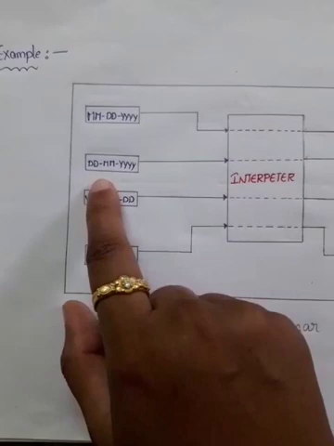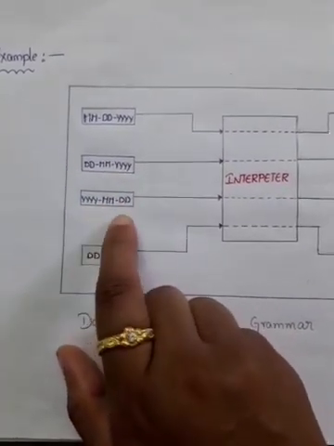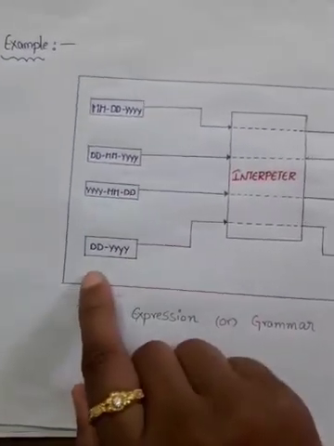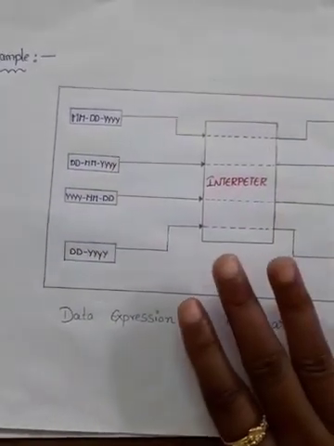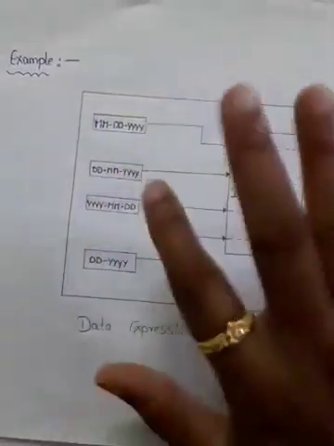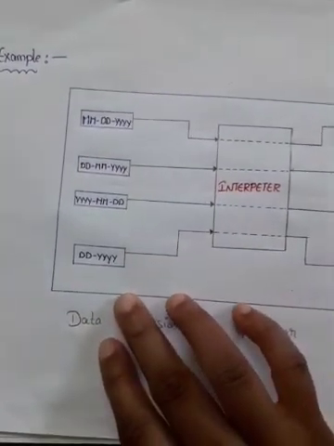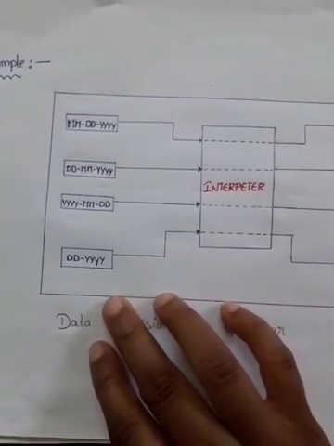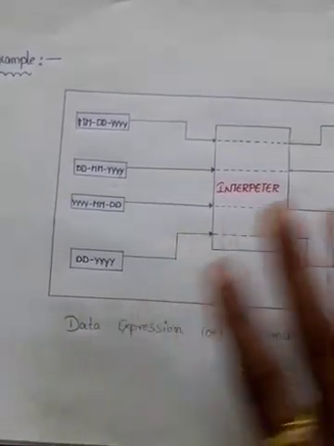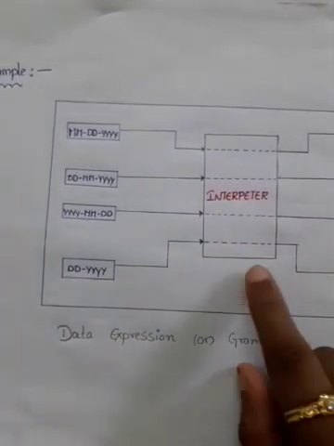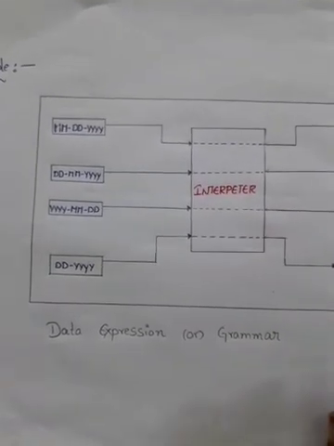The next one is date, month, year, then month, date, and date and year. So these are the different expressions to print the date. As per our request, the date is printed by the interpreter.